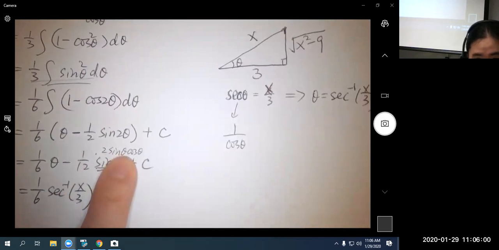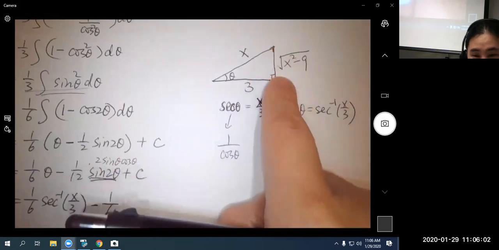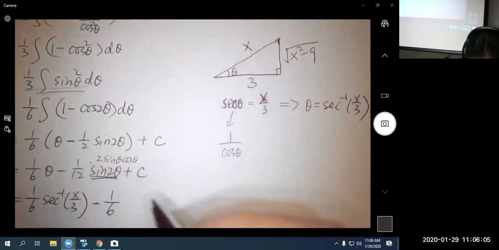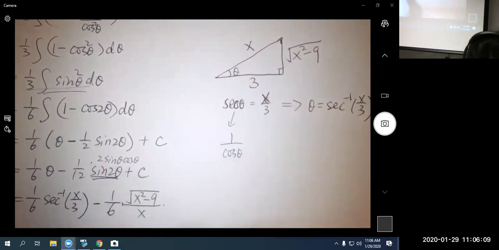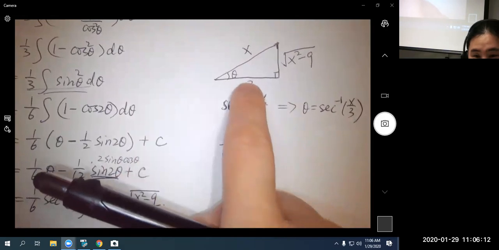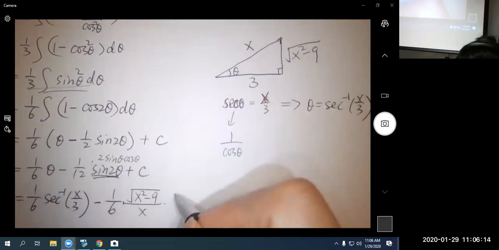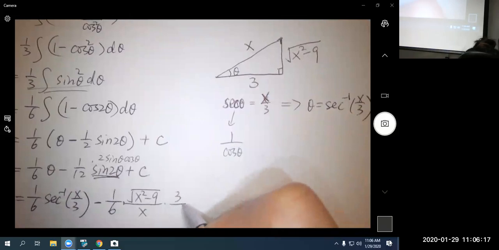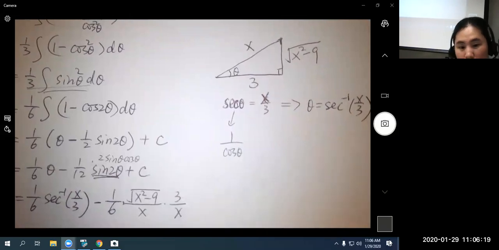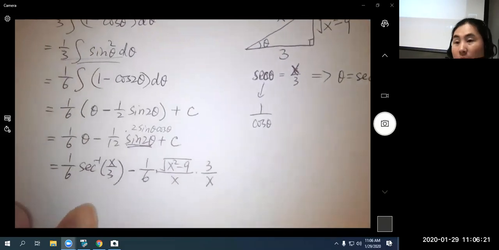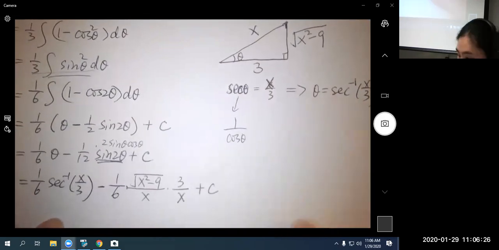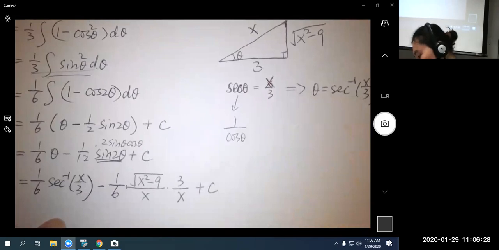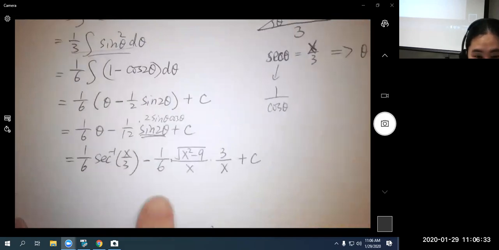Sin of theta, what is sin of theta? Opposite side divided by hypotenuse, right? Times cosine theta. What is cosine theta? Adjacent side divided by hypotenuse, right? 3 over x. You guys agree with me? This is not easy, okay? And then plus the constant c. All right, now let's simplify.